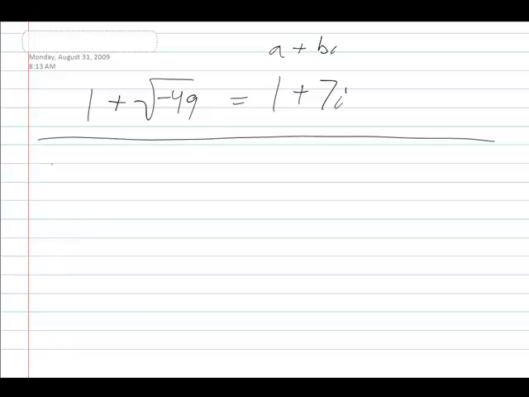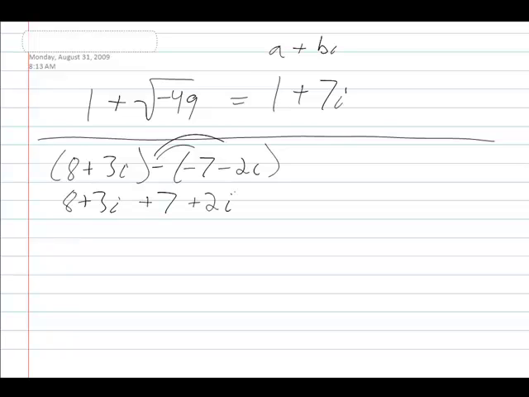So now let's say we want to take a look at 8 plus 3i minus (-7 minus 2i). We can normally treat i as just any other variable. So this would be 8 plus 3i. We have to distribute this negative to each term, plus 7 plus 2i. So this would become 15 plus 5i.